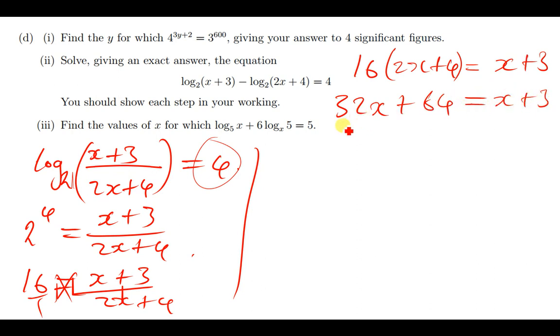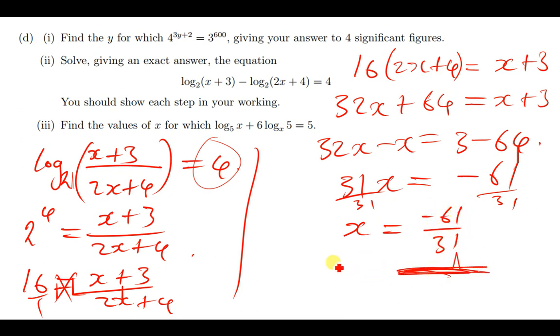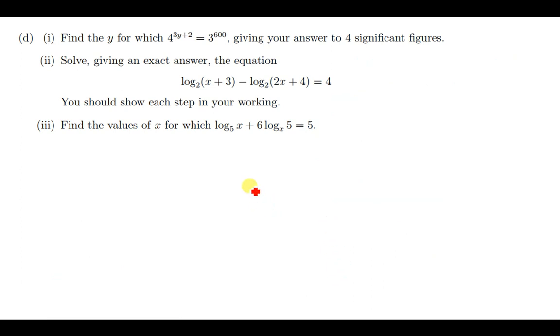So we put the like terms together, we have 32x minus x is equal to 3 minus 64. So 32x minus x, we have 31x is equal to 3 minus 64, this is negative 61. So the value of x is simply found by dividing everything by 31. So x will now be equal to negative 61 over 31. This is the answer.